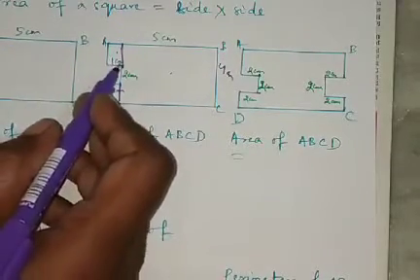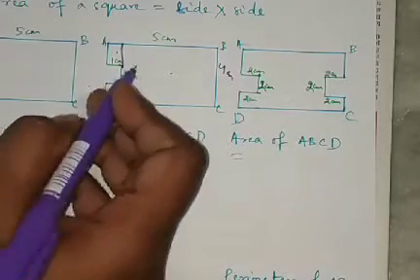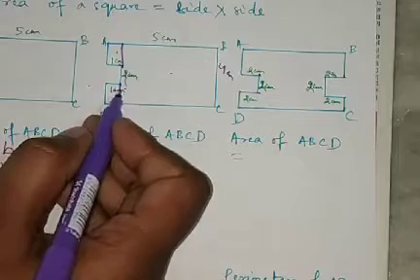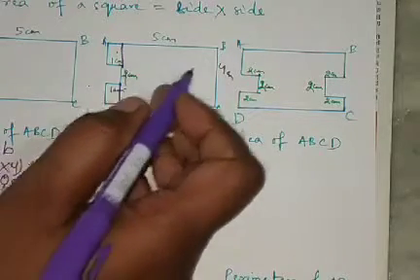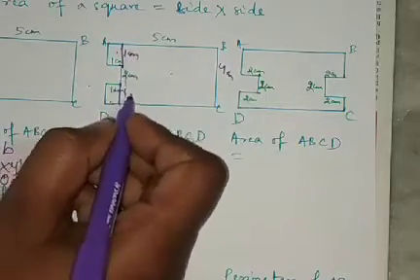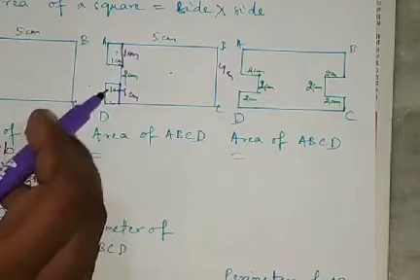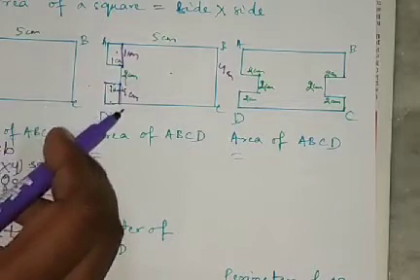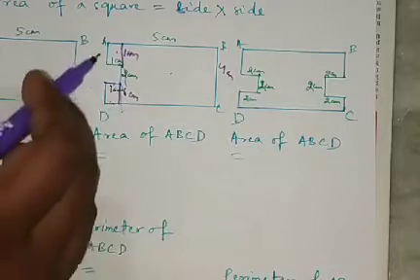So this is 1 centimeter, this is 2 centimeter, this is 1 centimeter. And 4 centimeter means this is 1 centimeter, 1 centimeter, 1 centimeter, 1 centimeter. So we have found out.